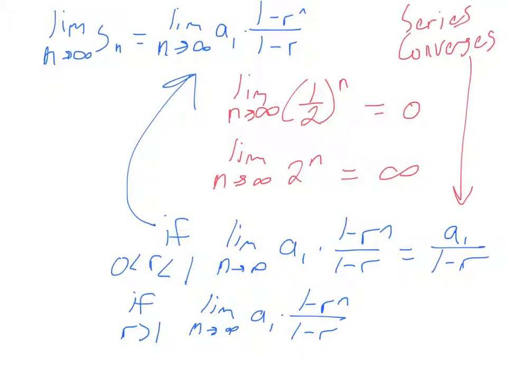It's going to go off to, well, depending on what r is, really, it's either going to go to negative or positive infinity. It's not going to converge, though. So it's going to go off to infinity under this circumstance, because the limit is going to equal infinity. So this would be a divergent series. If r is greater than 1, then your geometric series is going to diverge.